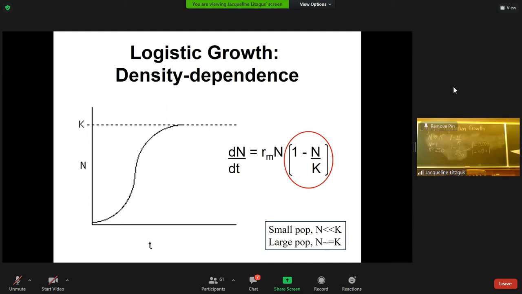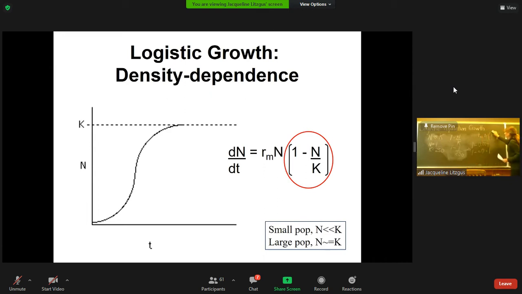So if we go back to the logistic growth model, we look at this rN times (1 minus N over K), right? If we substitute in these values, we've just calculated that this value of 1 minus N over K is really just 1.